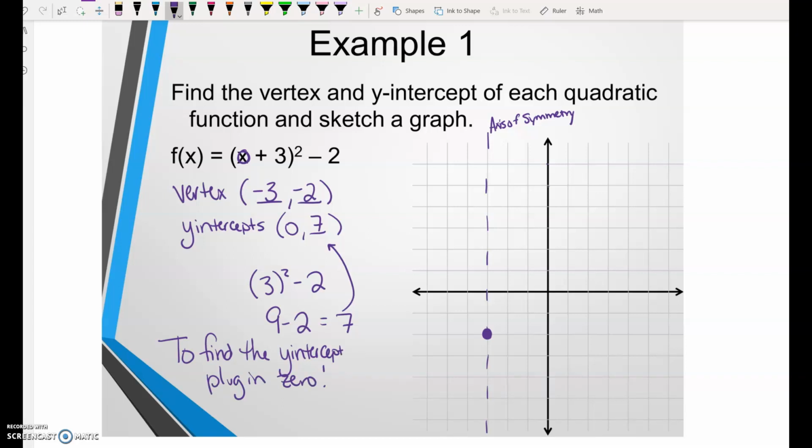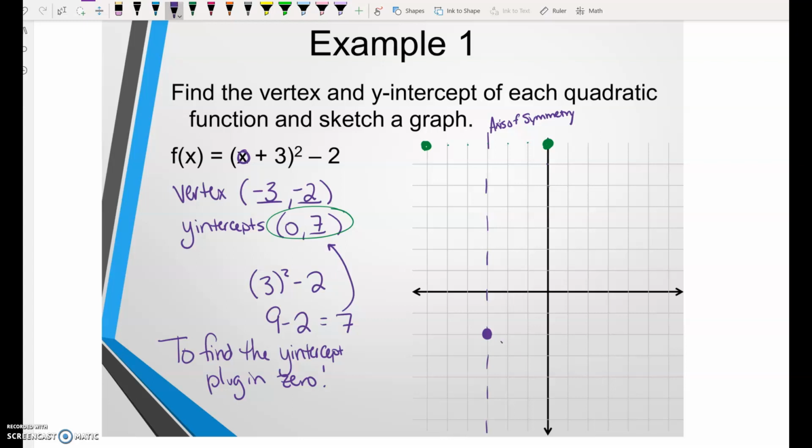So we found that our y-intercept is at (0, 7). Let's count: 2, 3, 4, 5, 6, 7, just barely off of our graph. This is a symmetry line. This y-intercept is 3 units away from the symmetry line, so go 3 units in the other direction, and there's another point on our graph.